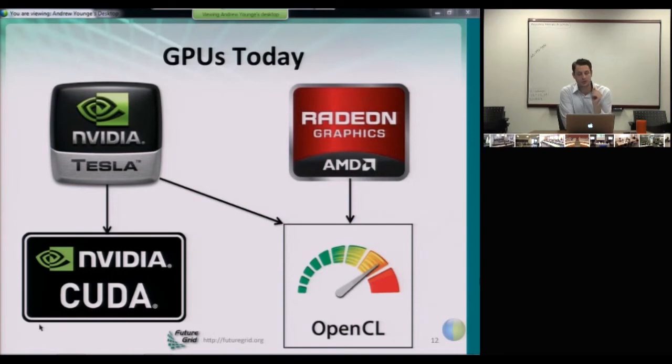And it originally started with CUDA, where NVIDIA allowed users to write a modified C language, if you will, with special CUDA instructions, and it would execute on the GPU. There's now OpenCL, which is an open platform to support this same model of computation, and maps both to AMD graphics cards as well as NVIDIA Teslas.